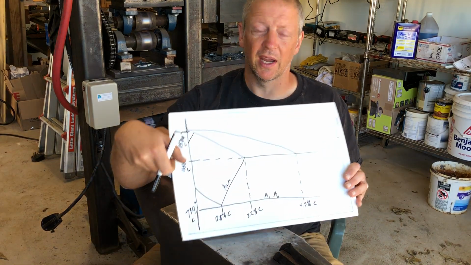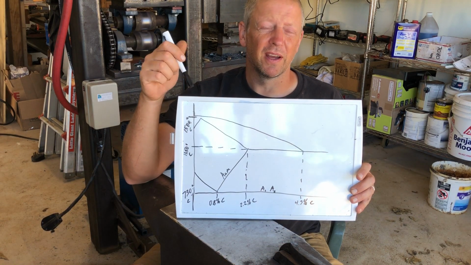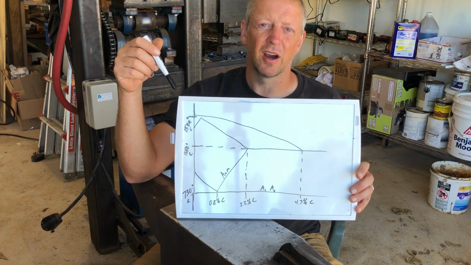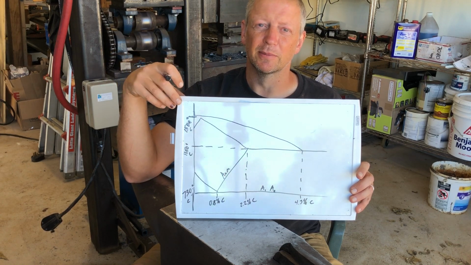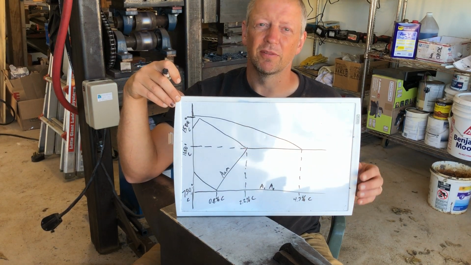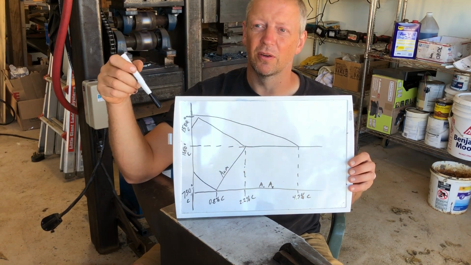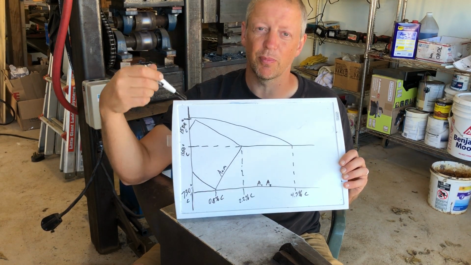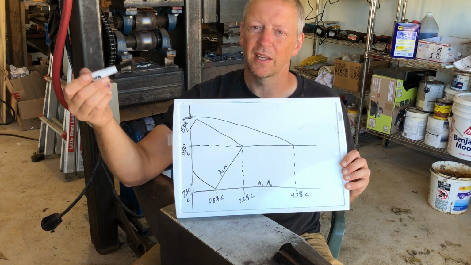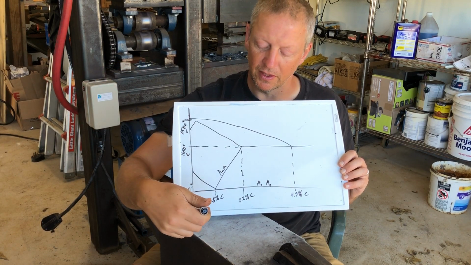Now I've drawn up a kind of crude, simplified version of the iron-carbon phase diagram, and we're going to first look at a few key things on here. So first, to understand it, we've got temperature running on this side. This is a pretty standard graph in many ways.